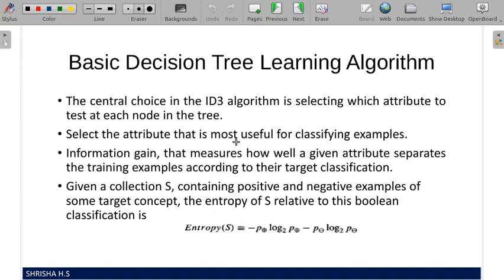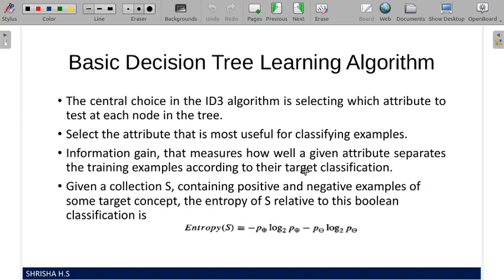This is called information gain. There are two things: one is entropy, and the other is information gain. Information gain measures how well an attribute separates the training examples according to their target function.